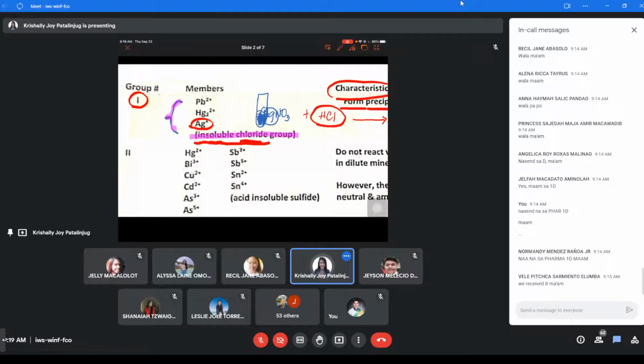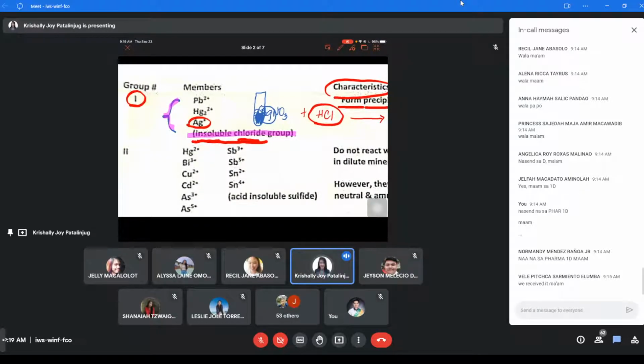How did I memorize the following group of cations? For group 1, my mnemonics here is merciless. Okay, merciless. Group 1. Meaning, mercury 1. So you have to memorize the ion form of mercury 1.